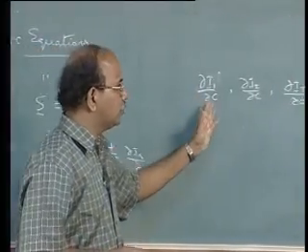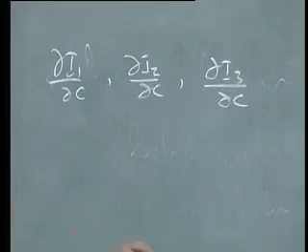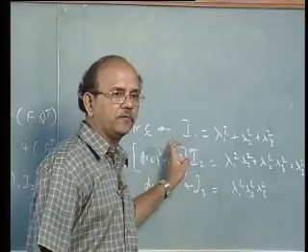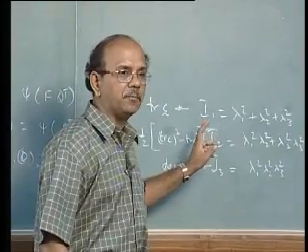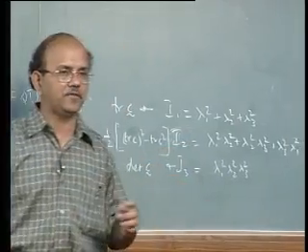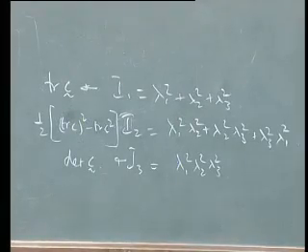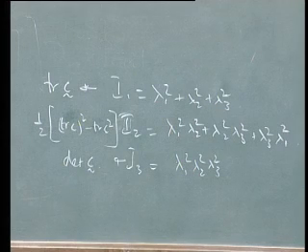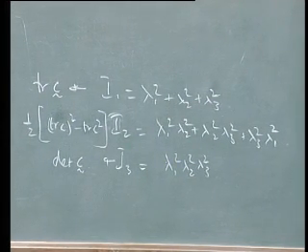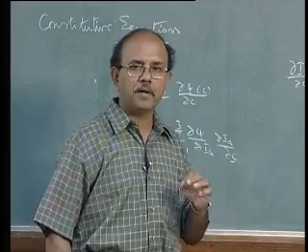Let us see what dou I1 by dou C is. Have a look at this. Anyway, I'm going to write the results. Maybe I'll give you a couple of minutes, at least for the easier part of it. Let's check whether you're able to do it. The first two, you try. The third one I will derive. It's slightly more involved, and that's a very important relationship. That derivation is not very straightforward, so I will derive that part alone.